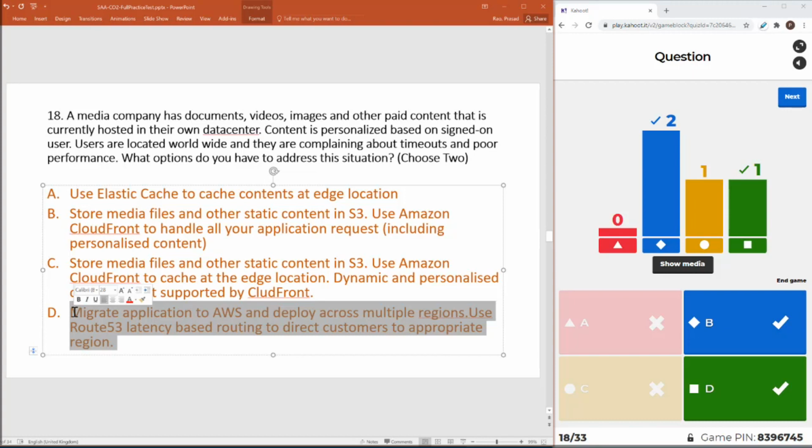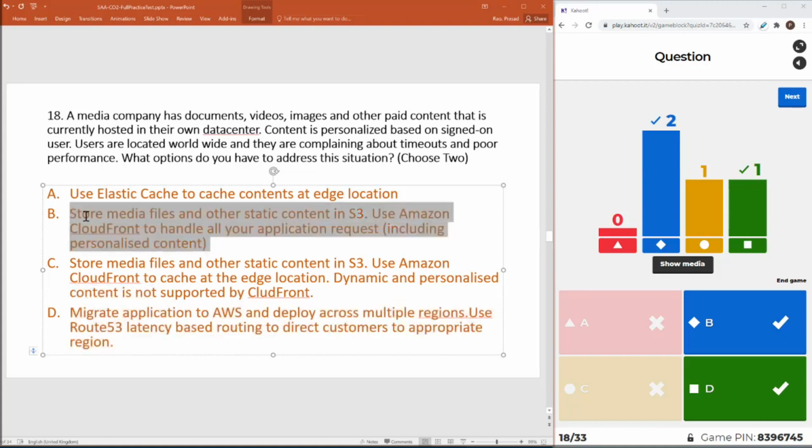Option B would be a more cloud native way and is much more cost effective, because you are using only S3. There is no compute power required, only the storage cost, and you're handling your low latency requests via CloudFront. So between option B and D, B would be much more cost effective. This question can also come up asking which option is most cost effective.